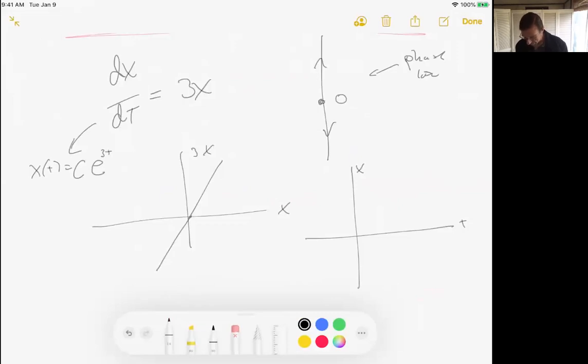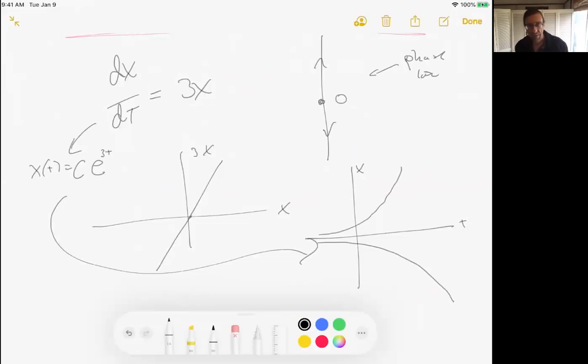We can graph those for different values of c. We get either an exponential graph that goes up if c is positive, or if c is negative, we get an exponential graph that goes down. Okay. So these are the solutions for various values of c.